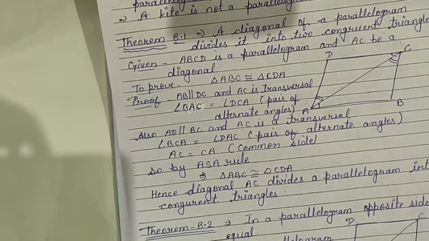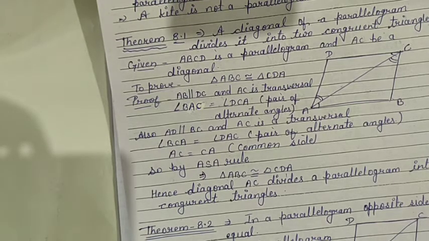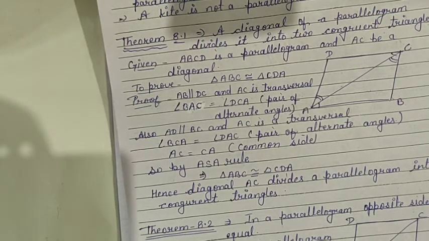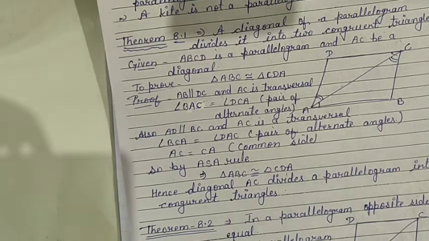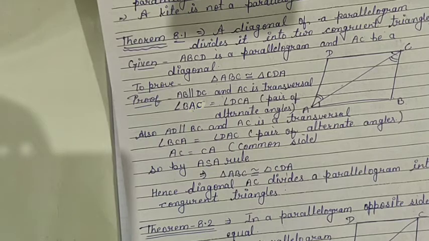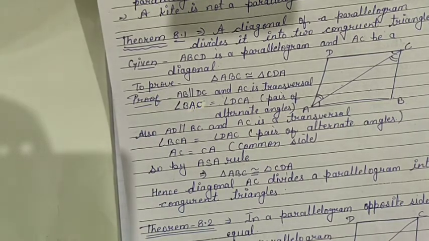If in two right triangles the hypotenuse and one side of one triangle are equal to the hypotenuse and one side of the other triangle, then the two triangles are congruent. So the four rules are SAS, ASA, SSS and RHS, and RHS is applicable to right angle triangles.